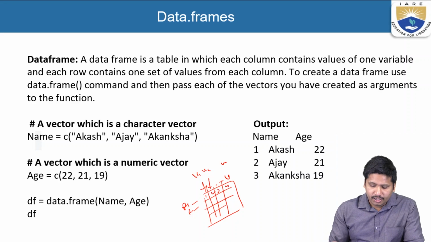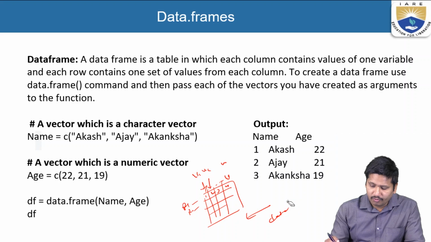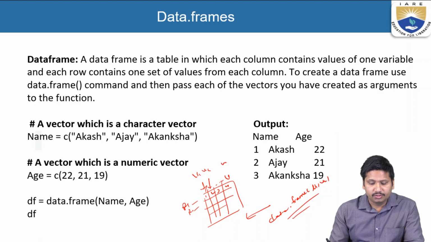For creating this data frame, we have a function called data.frame, or it may be called a command here. And we can pass the vectors as arguments into this function.